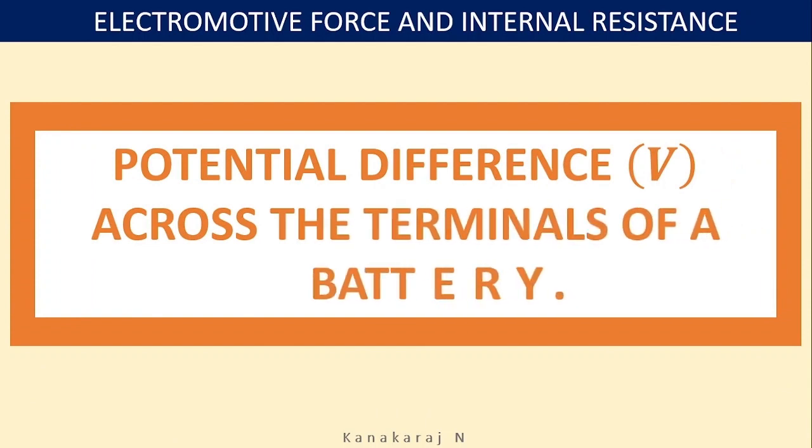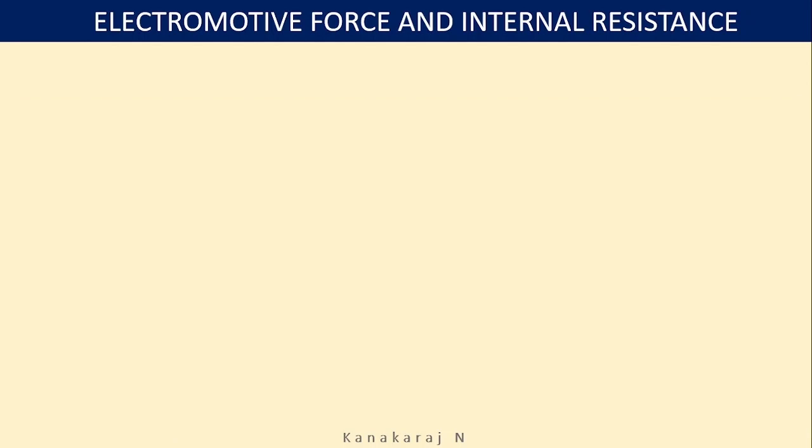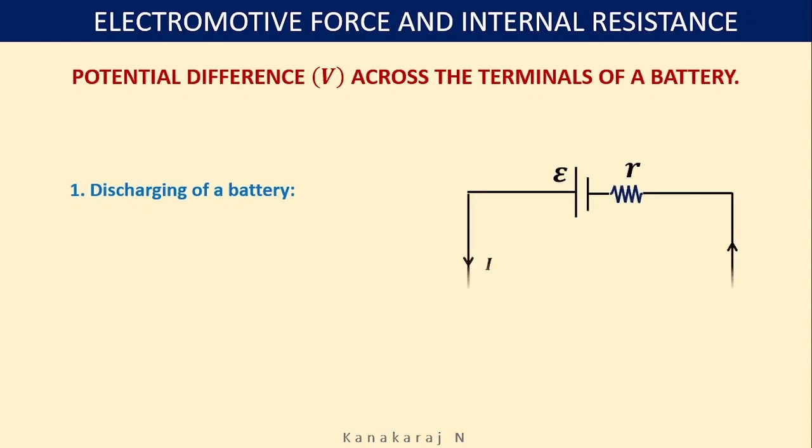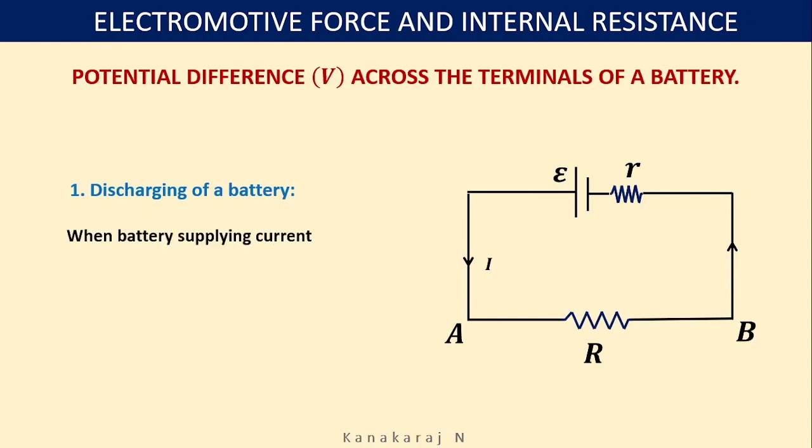Potential difference V across the terminals of your battery. First, let us consider discharging of your battery. Here, there is a battery that delivers current to the external resistance R. When the battery supplies current, we can say V equals VA minus VB, which is equal to epsilon minus I times small r.